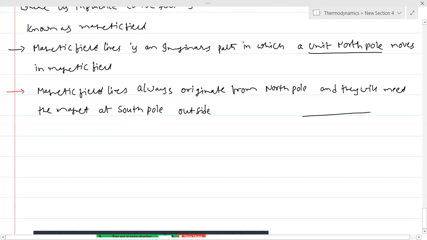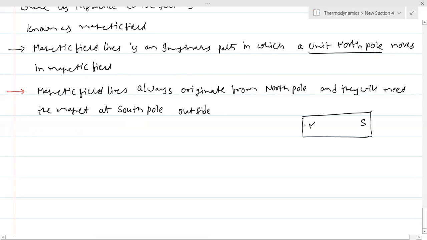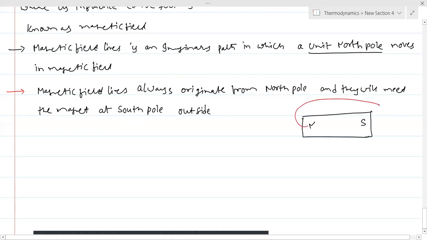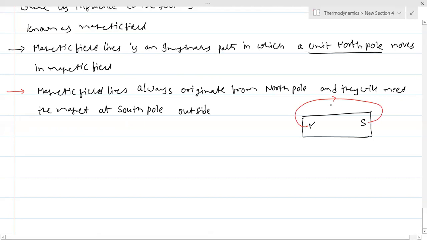So for example, this is the bar magnet we are taking, with the north pole and the south pole. Generally the rule is that the lines of force originate from the north pole and end at the south pole. This is the scenario outside the magnet.